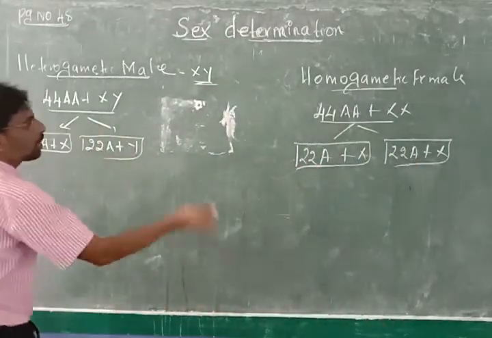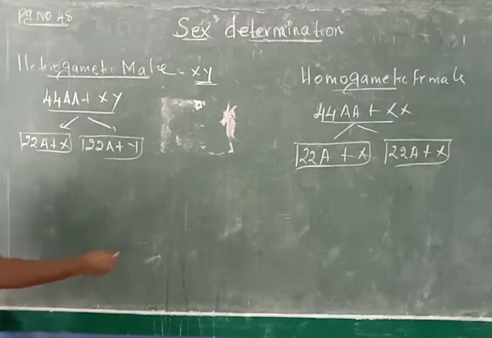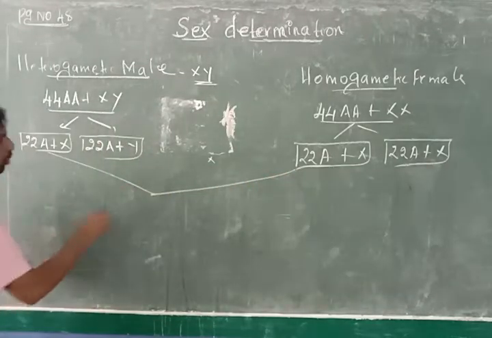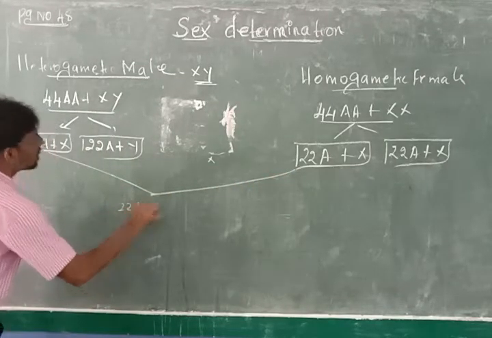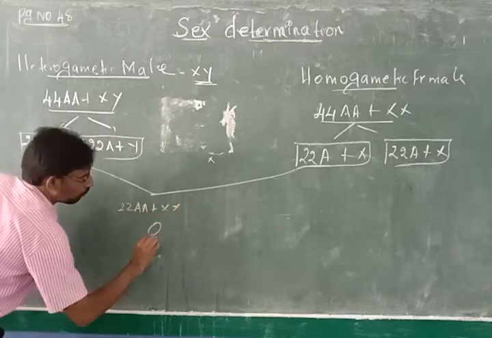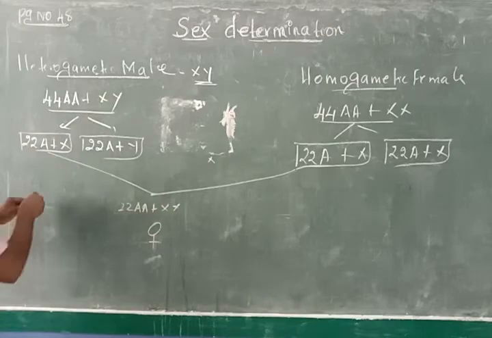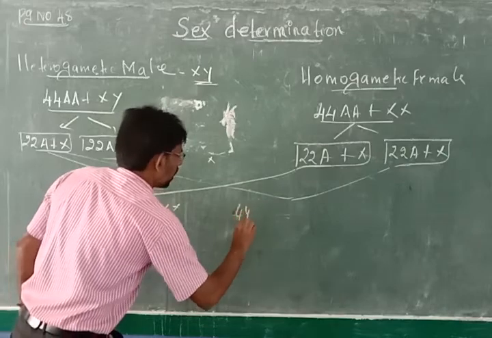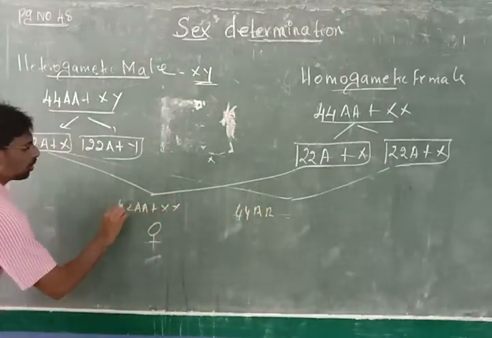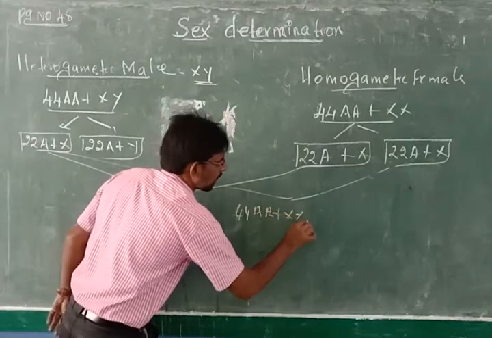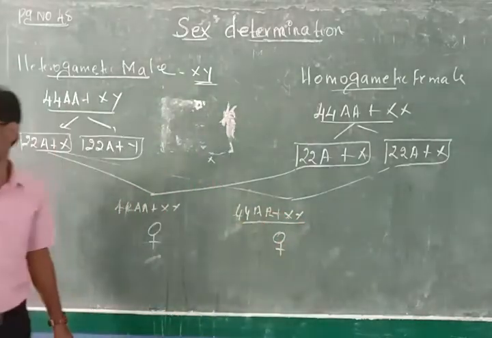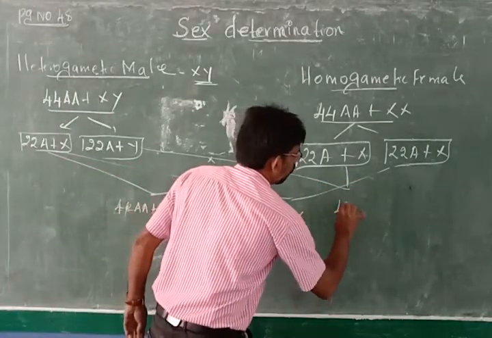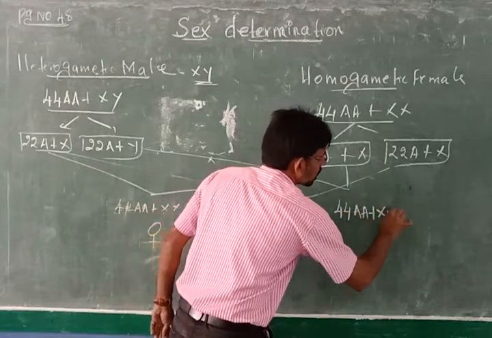So when gametes are formed and they undergo syngamy, that is, they combine, this and this joined together give you 44A plus X and X, which gives you a female. Again this and this join together to give 44A plus X and X, so again we will have a female. Then this and this give you 44A plus X and Y, male.